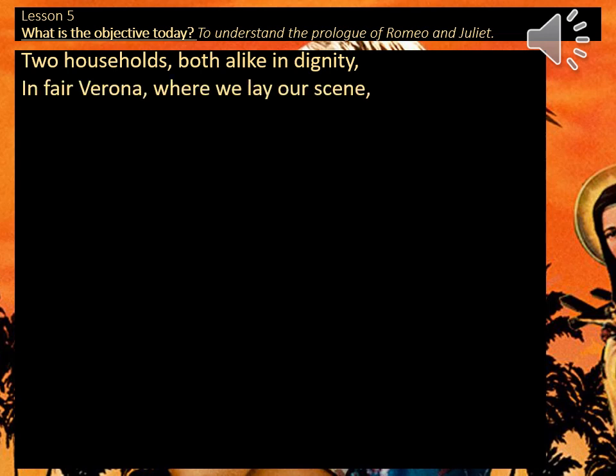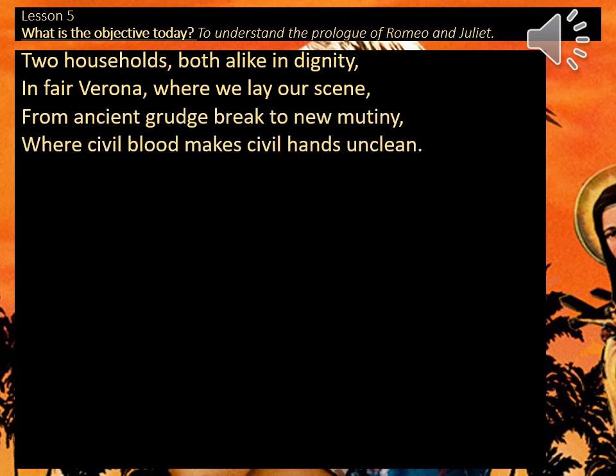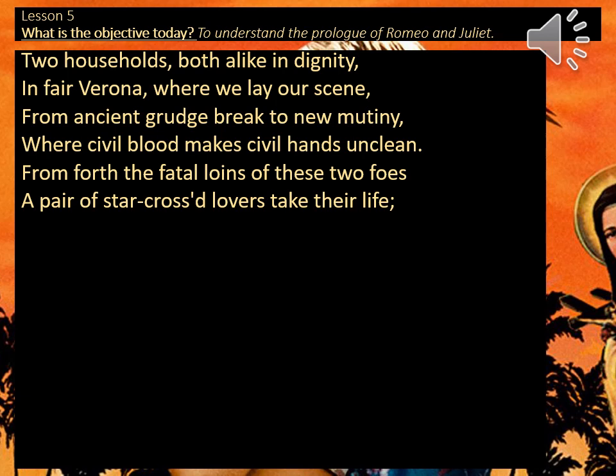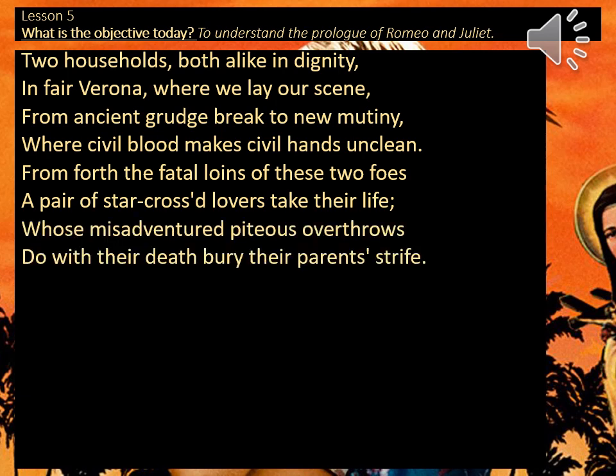Okay, so the prologue delivered by the chorus goes like this. Two households, both alike in dignity, in fair Verona where we lay our scene, from ancient grudge break to new mutiny, where civil blood makes civil hands unclean. From forth the fatal loins of these two foes, a pair of star-crossed lovers take their life, whose misadventured, piteous overthrows do with their death bury their parent strife.